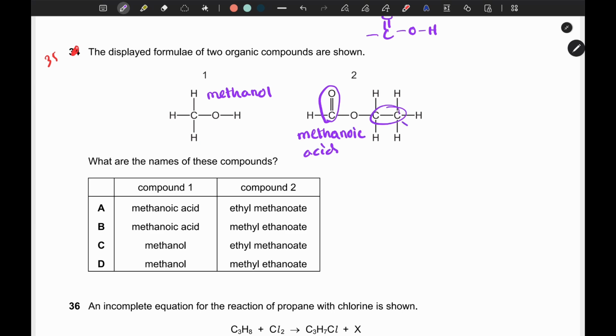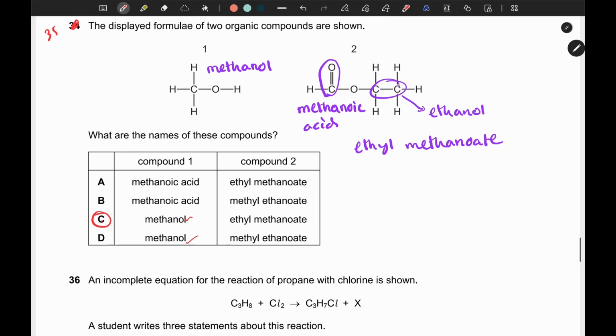And this one we have 2 carbons, so this one is from ethanol, the alcohol. So methanoic acid and ethanol would form the ester ethyl methanoate. So now we have the names of the required compounds. If you look at our options, compound 1 is methanol, and compound 2, as we already determined, is ethyl methanoate. So the answer should be C for this one.